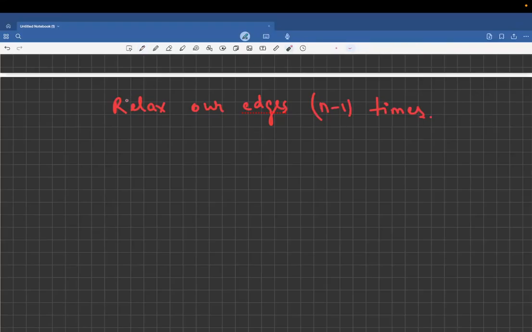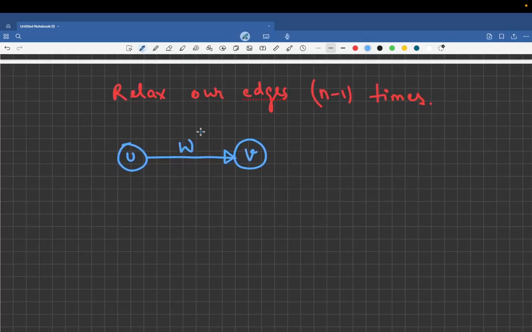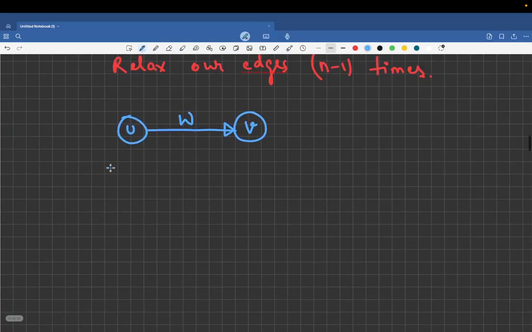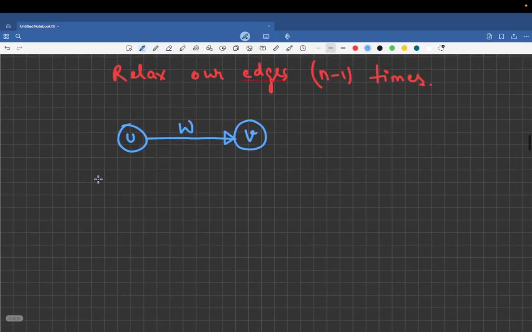So basically, what does relaxation mean? Relaxation means that if you have node U and from there is a directed edge to node V, and let's suppose this edge has a weight of W, then we relax only if U is reachable.